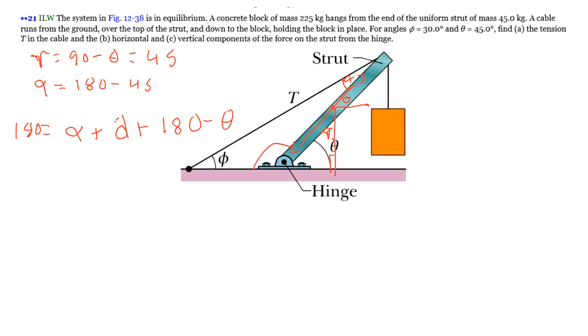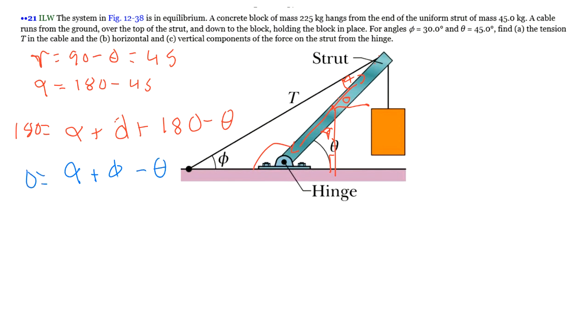So, right. So we can look here and get that alpha plus, what did I call that? It's alpha plus phi minus theta has to equal 0.